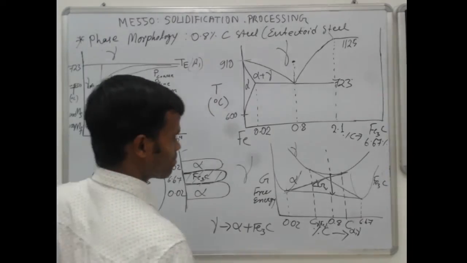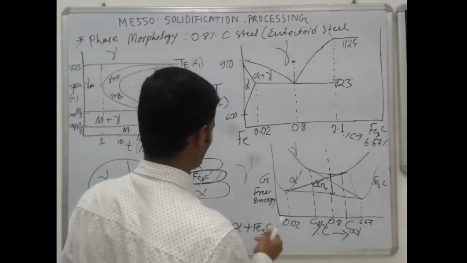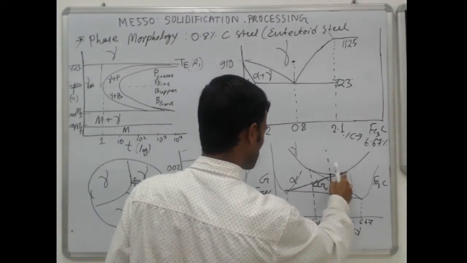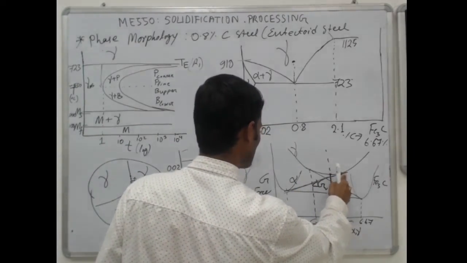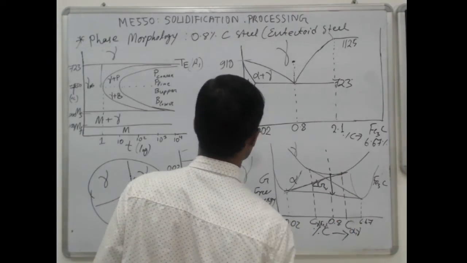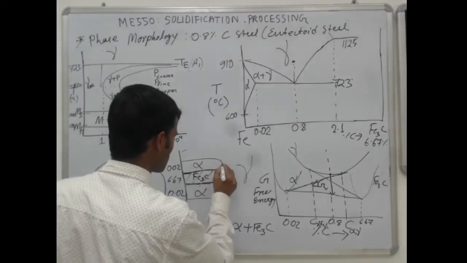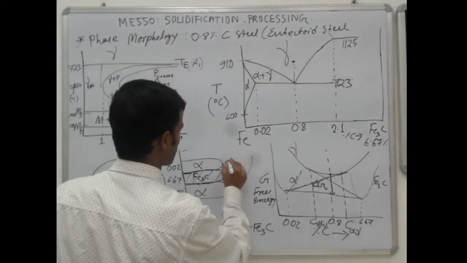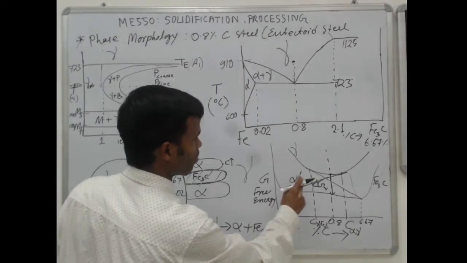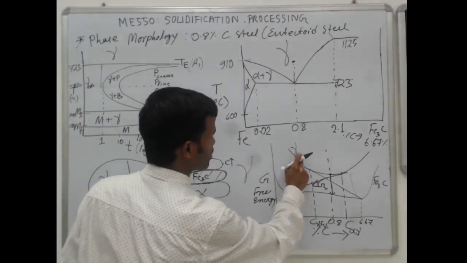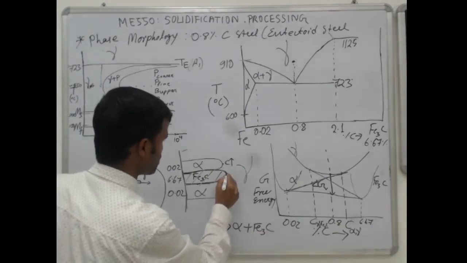Now you see what it tells you: if alpha is in equilibrium with austenite, the concentration of carbon will be high. So here the carbon percentage is actually more compared to the gamma and Fe3C interface.